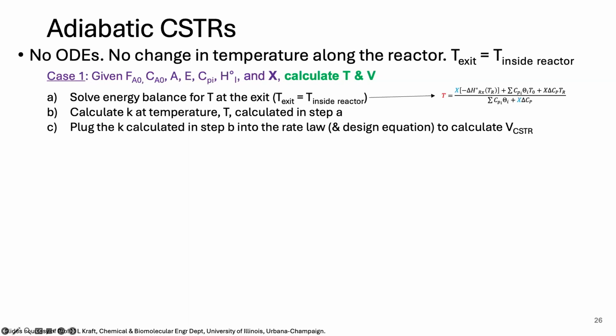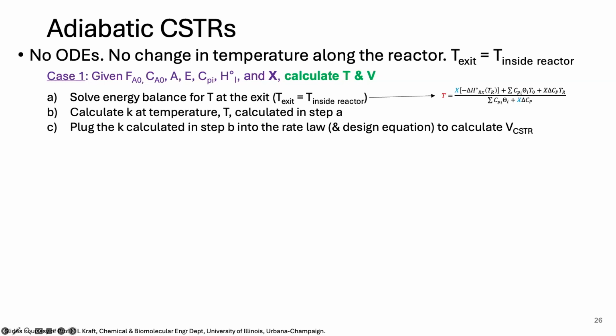So for example, if we're given our feed flow rate and concentration, we know our Arrhenius constants, heat capacities, enthalpies, and we're given a target conversion, then what we need to do is calculate the temperature of our reaction inside the reactor and the exit stream, and the volume required to achieve that conversion.